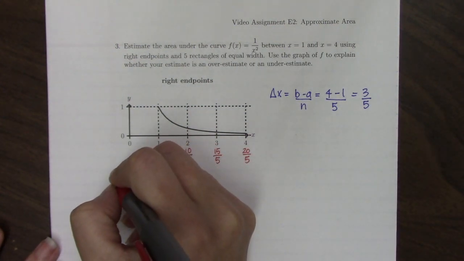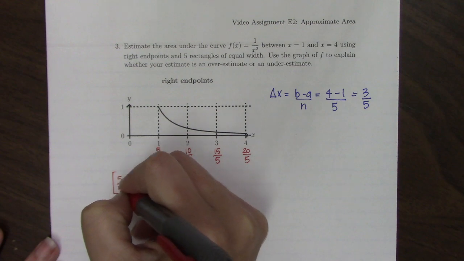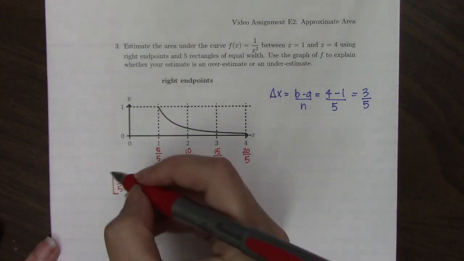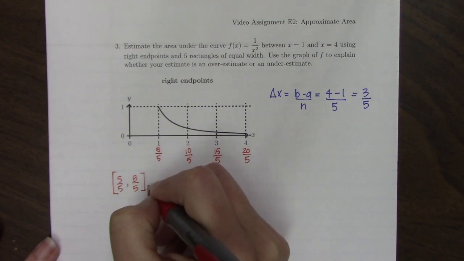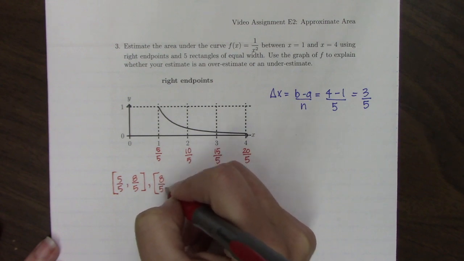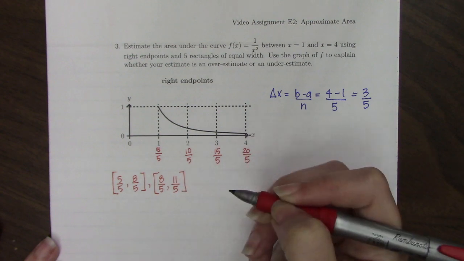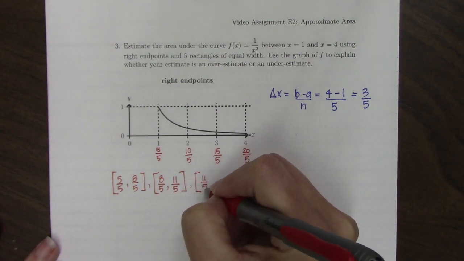Now if I'm writing my subintervals, it starts at 1, which is the same thing as 5 over 5, and I add 3/5 to that. So 5 plus 3 is 8. Then I pick up the next rectangle at 8 over 5, and I add 3 more, and I end up at 11/5. The third rectangle starts at 11/5.